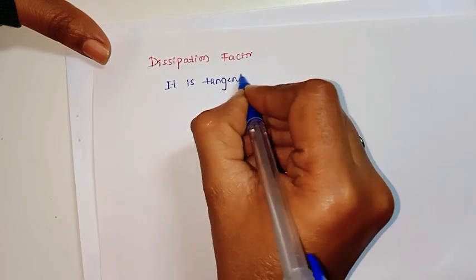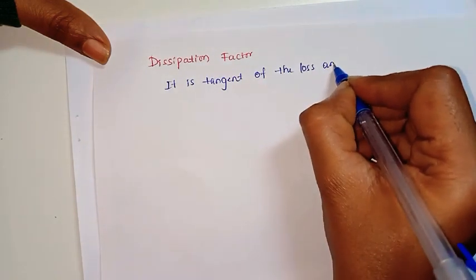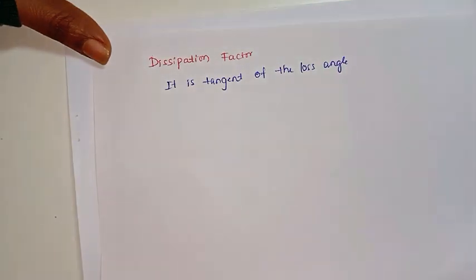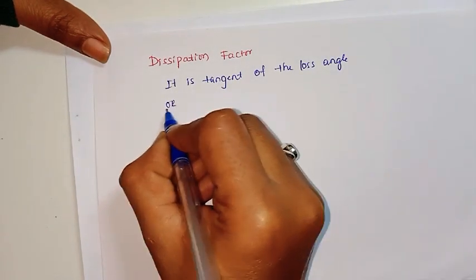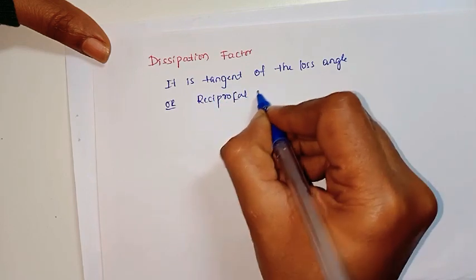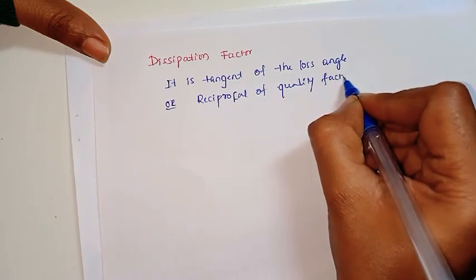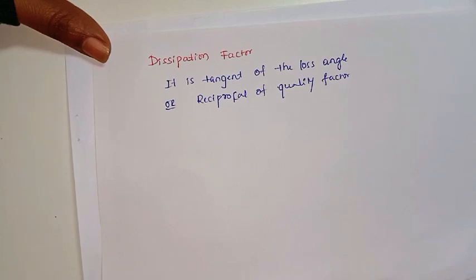It is the tangent of the loss angle, or we can write this is a reciprocal of quality factor. What is dissipation function? It is the tangent of the loss angle, or we can call it as reciprocal of quality factor.